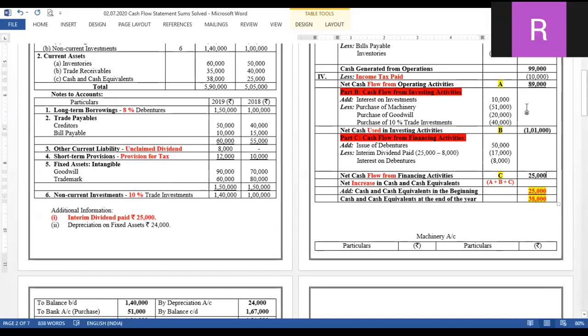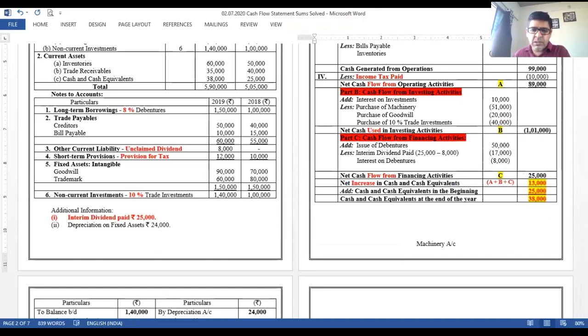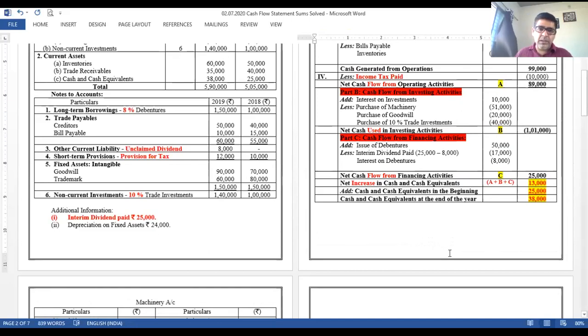So A, B, and C, all three are there: 89, 25 and 101. Please do the calculations for A plus B plus C. Sir, 13,000, positive. The 13 positive should be there because in this 13,000, I need to add 25,000, the opening balance, to get the closing balance of 38. This is how we close the statement. It should tally at the end, right?